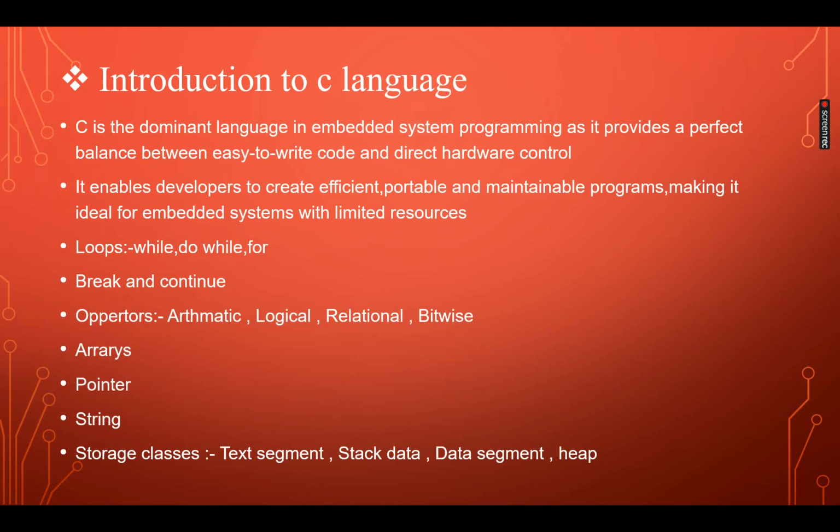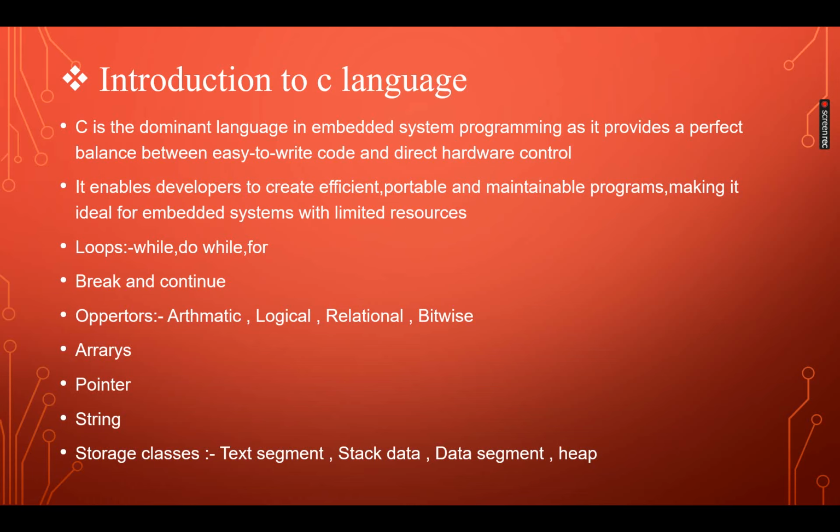Introduction to C language. C is the dominant language in embedded system programming, as it provides a perfect balance between easy-to-write code and direct hardware access. C is easy to learn, as it is a basic language.